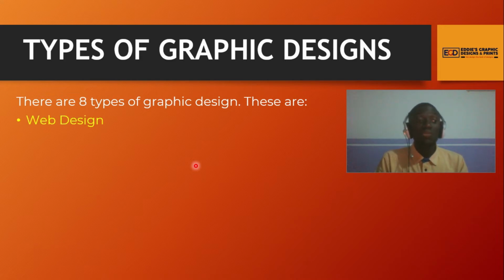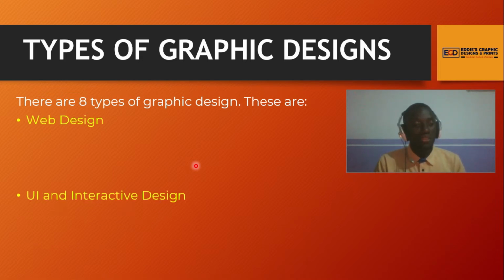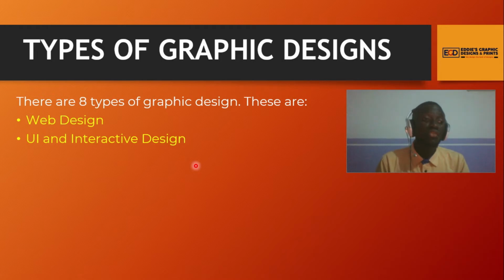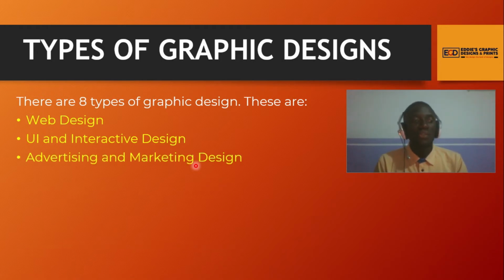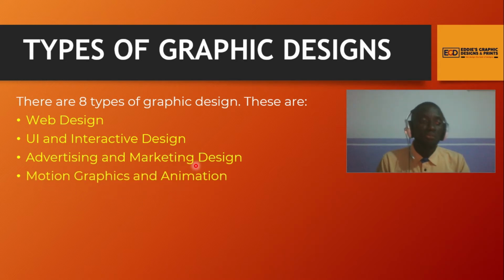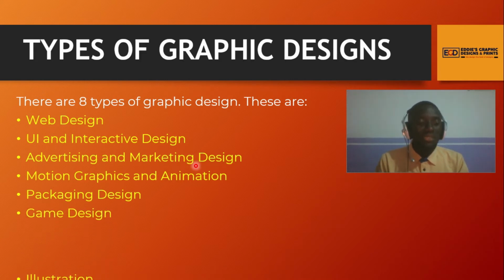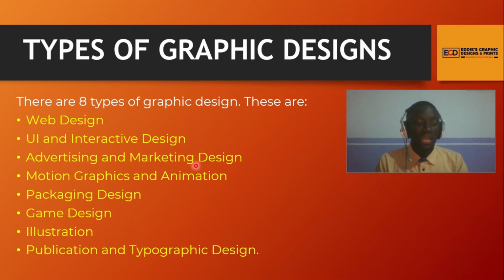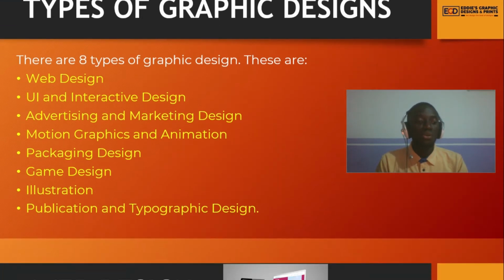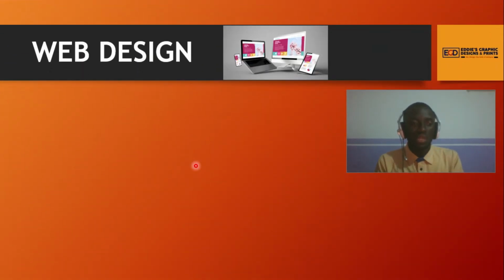The first one is web design, then UI and interactive design, advertising and marketing design, motion graphics and animation, packaging design, game design, and illustration. The last is publication and typography. So let's take them one after the other.